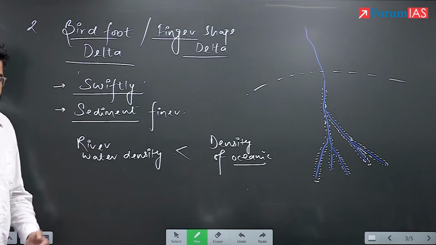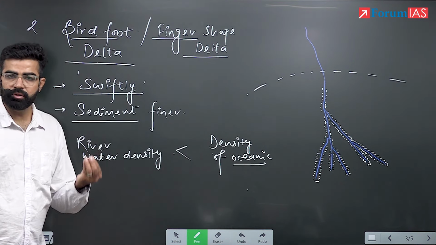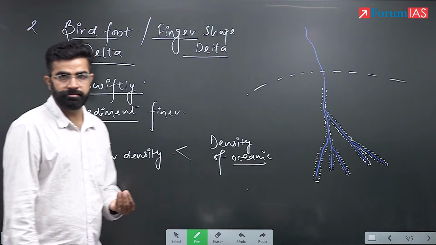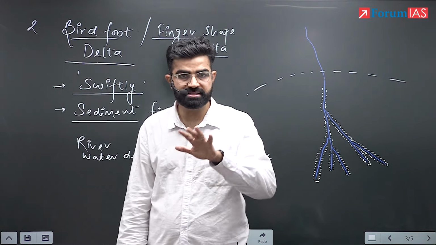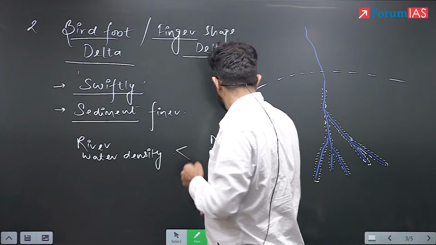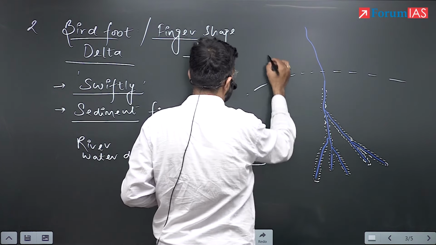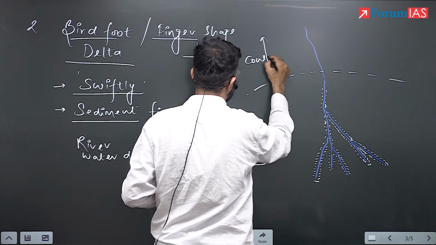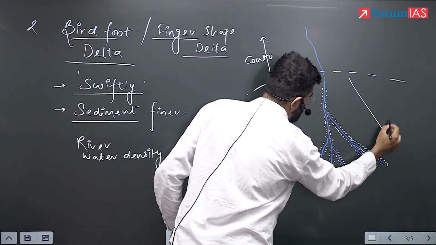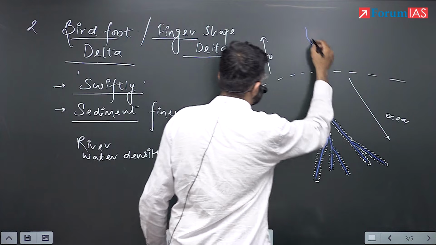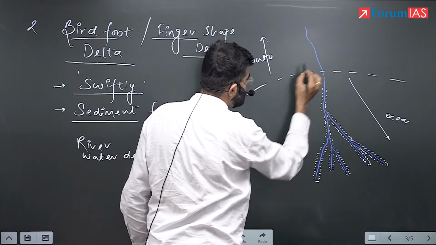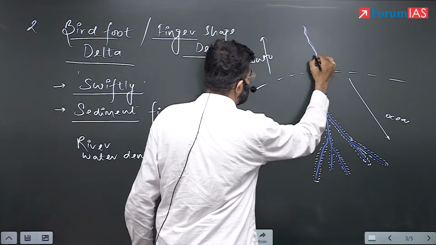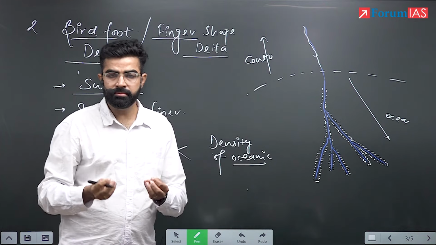Now what happens is the river water is comparatively lighter and the river is moving fast and swiftly. Now again, take this example. Here it is the continent side. Okay, from the dotted line, this is the continental side. The second side here is the oceanic side. Now the river is moving swiftly here. It has sediments of finer shape.